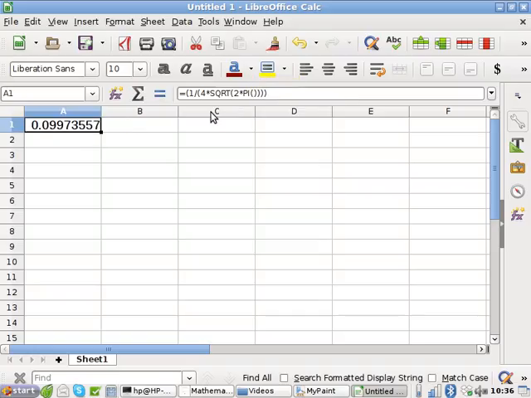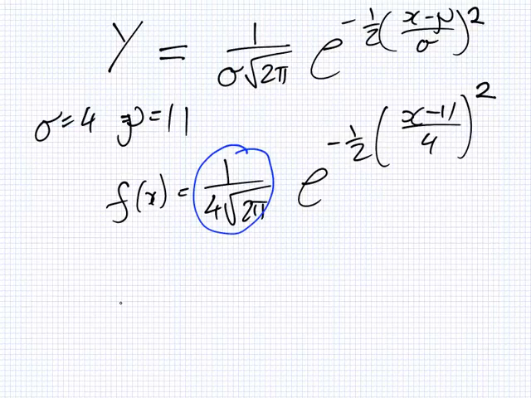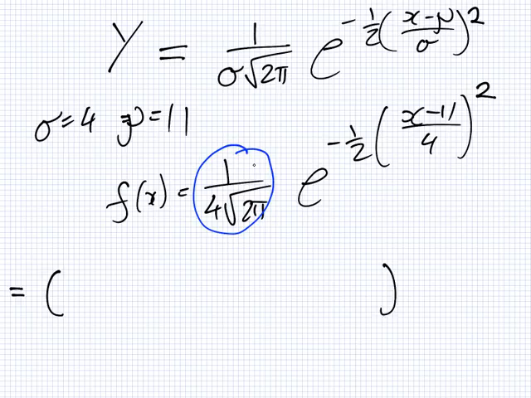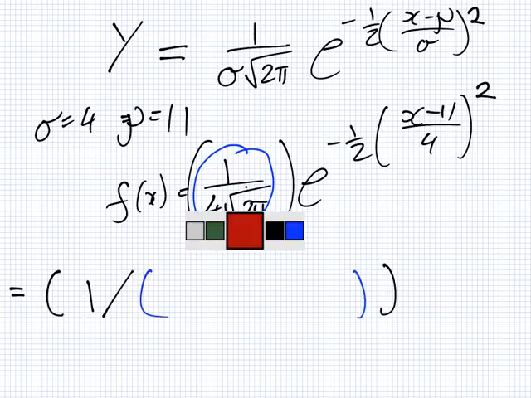You have to be careful here. Now watch, I'll write it here. First, I need a bracket to put this in. Then it's going to be 1 over, and I need another bracket for this part.